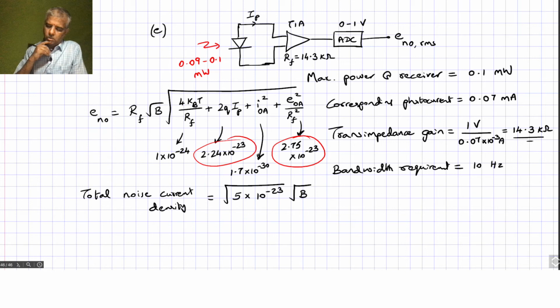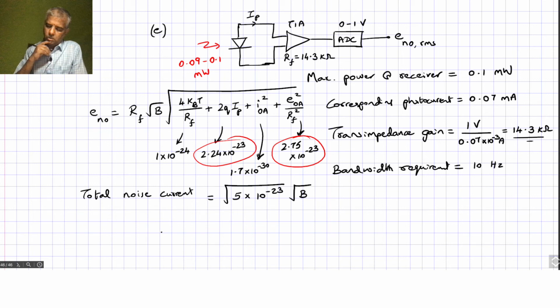Where B is the noise bandwidth of your receiver. Since we are multiplying that by root B, you don't call this the noise current density, that's actually the total noise current itself. Okay, so now the question is what is B?